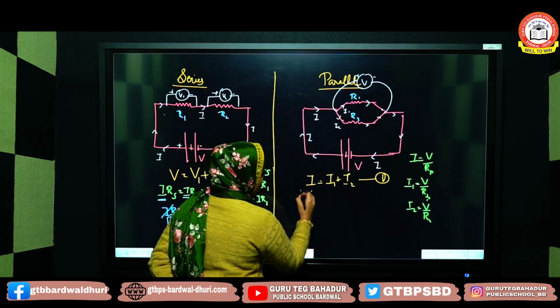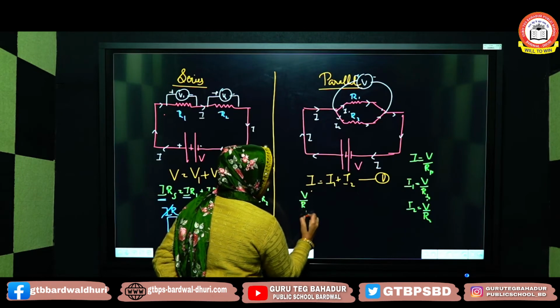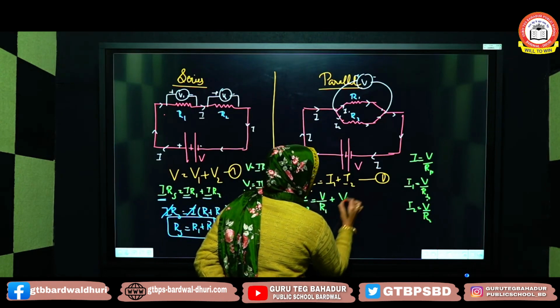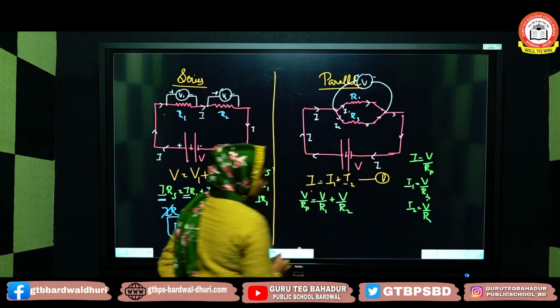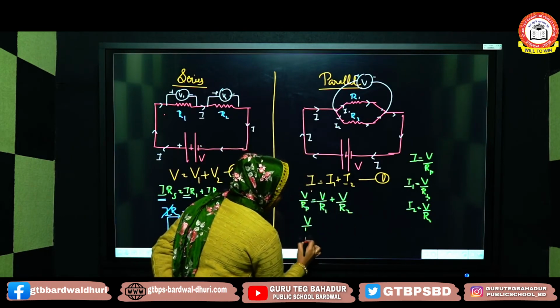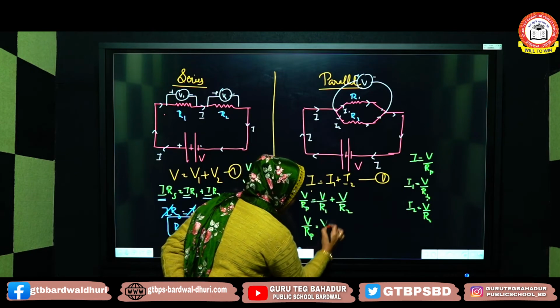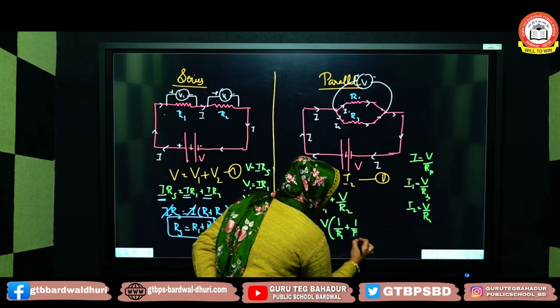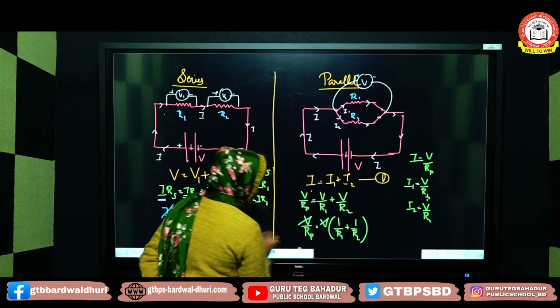Now I'll put these values here. V by Rp is equal to V by R1 plus V by R2. V is common here, so I'll take it out: V times 1 by R1 plus 1 by R2. Now V will cancel.